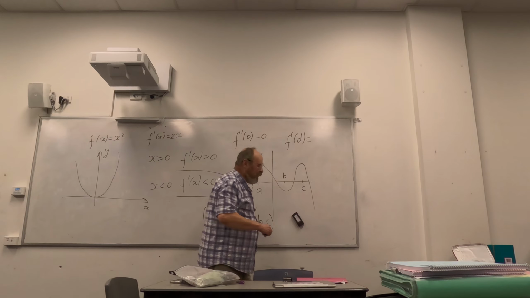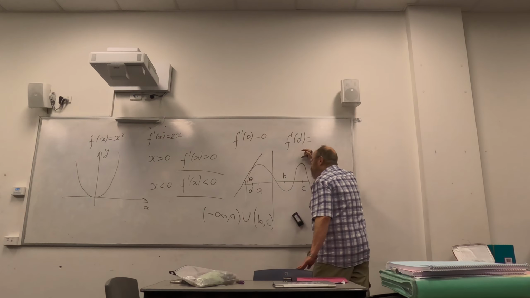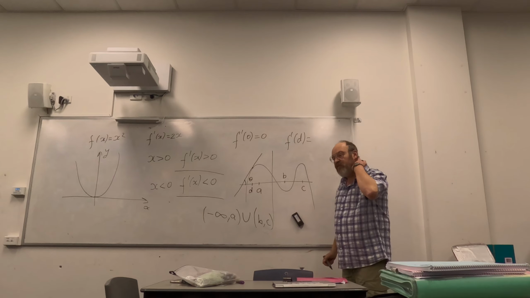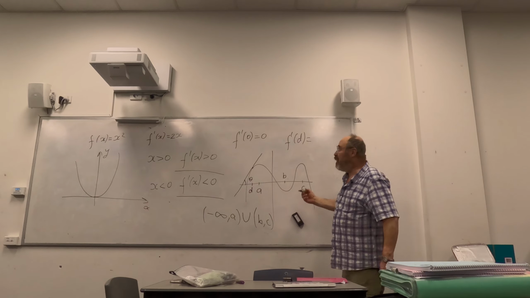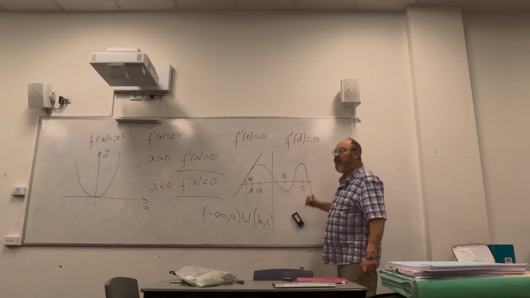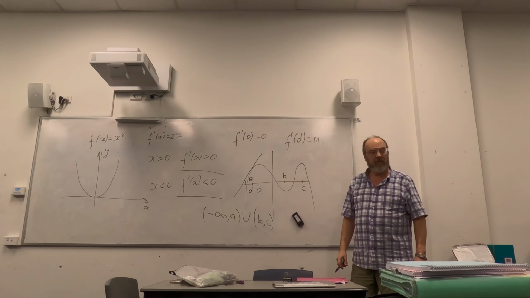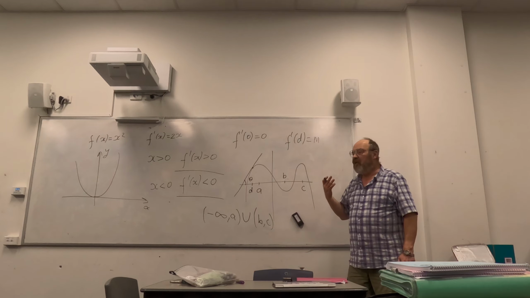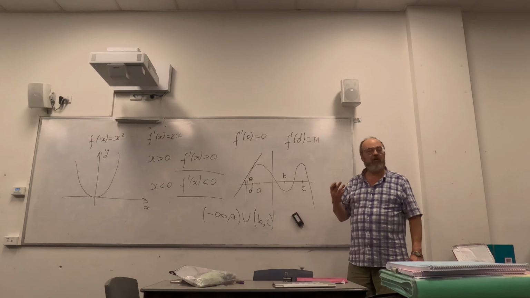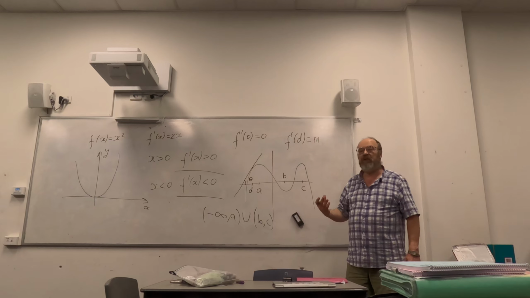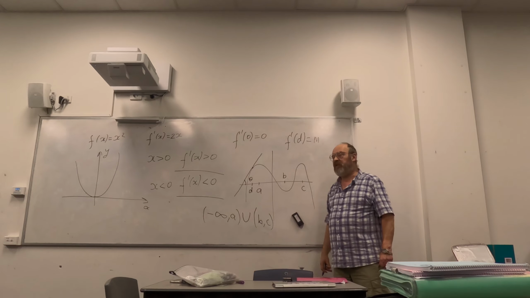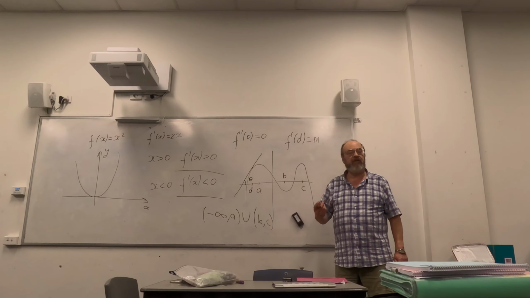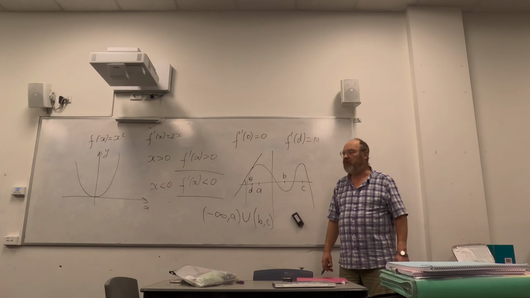Yes. We will have that the derivative will be equal to the gradient of the tangent line, because we learned before that the gradient of the tangent line at the point gives the value of the derivative at that point. It's an instantaneous rate of change, which is the derivative.